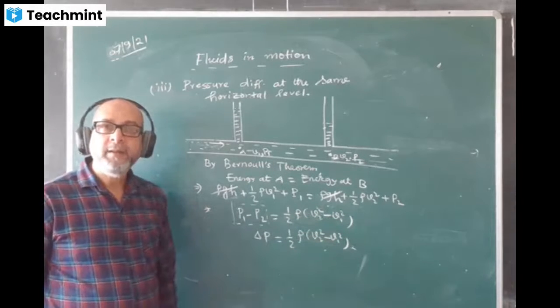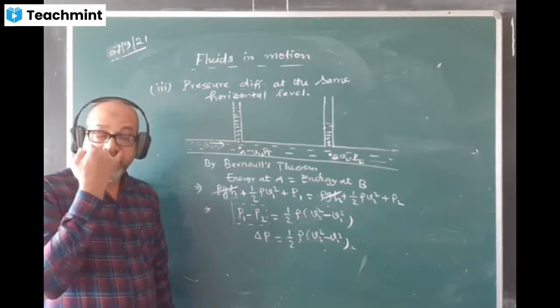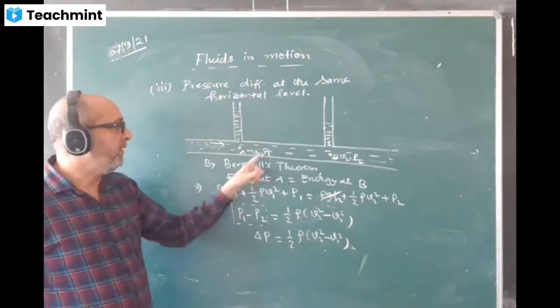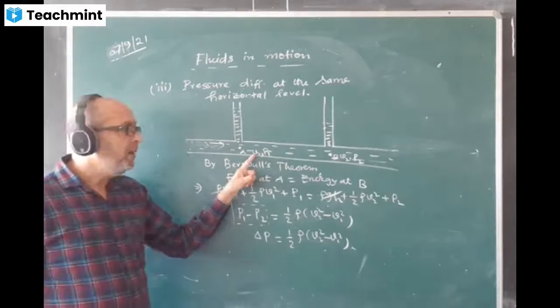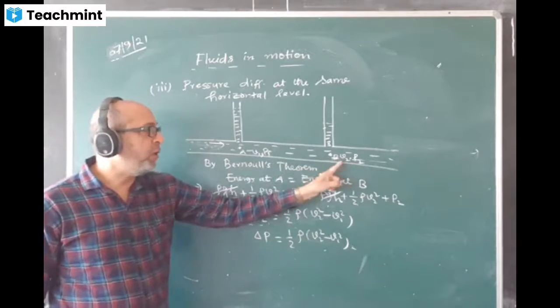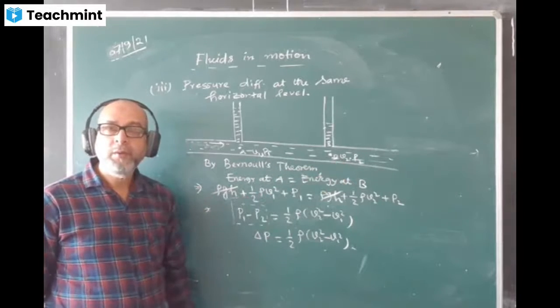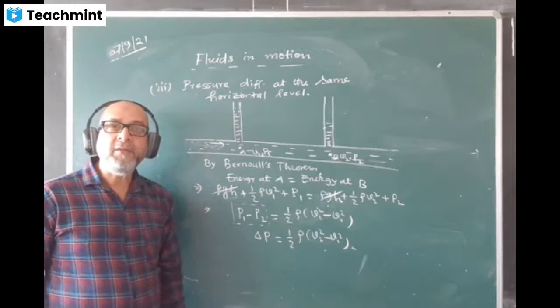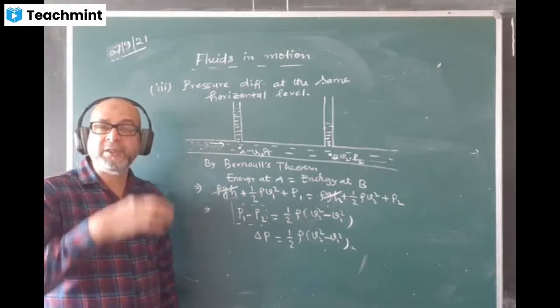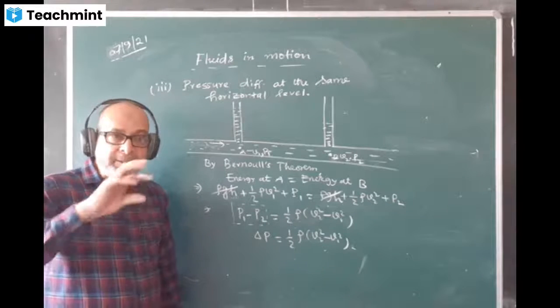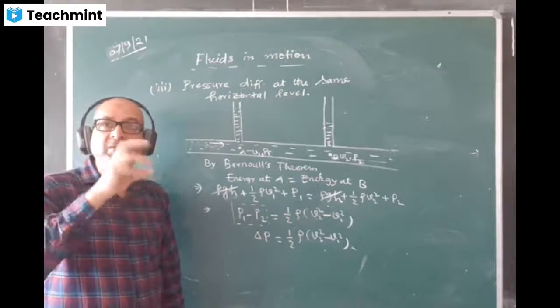V2 is bigger. That means where the pressure is more, velocity is less, and where pressure is less, velocity is more. Wherever the fluid pressure is more, the velocity of the fluid will be less, and where the pressure is less, the velocity will be more.